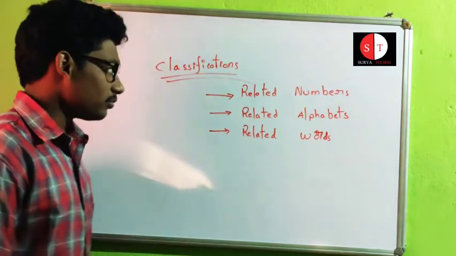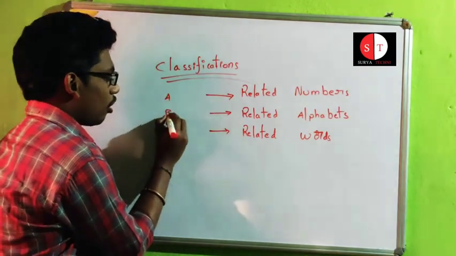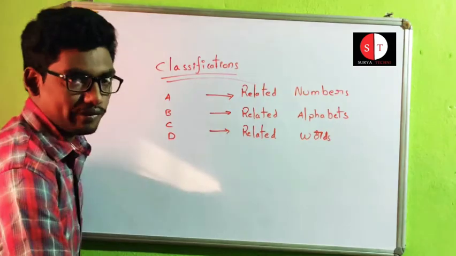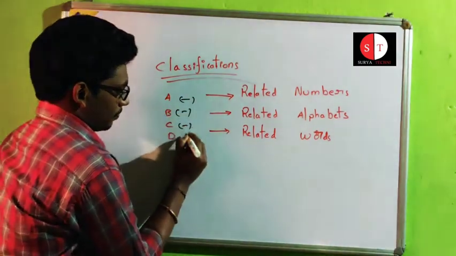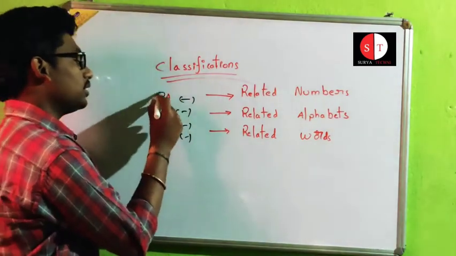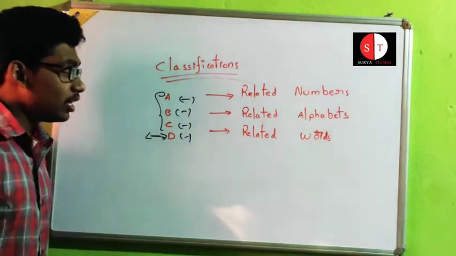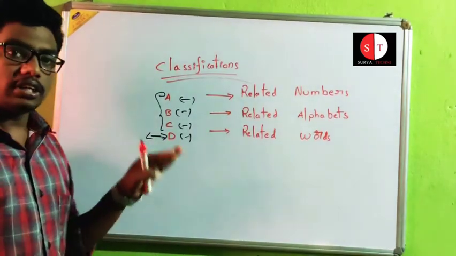In the competitive examination, 4 options are given: option A, option B, option C, option D. 3 options are in the same way and 1 option is different.